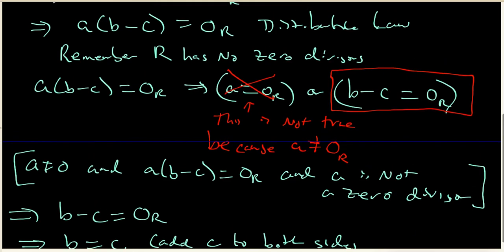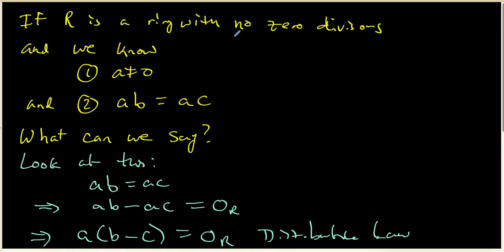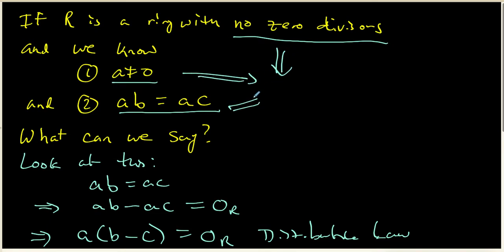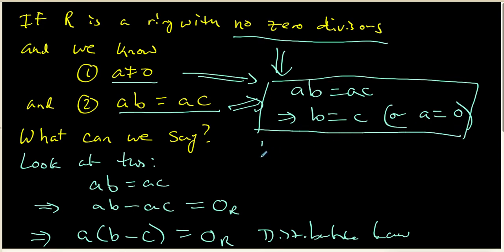What we've done is we've shown that if we're in a situation where we have no 0 divisors, and we have this particular statement, and we know that A is not 0, these three things together imply that AB equals AC will give me B is equal to C, or as the other case, possibly A is equal to 0. And we can clean this statement up, and this is going to become what is known as a left cancellation law.